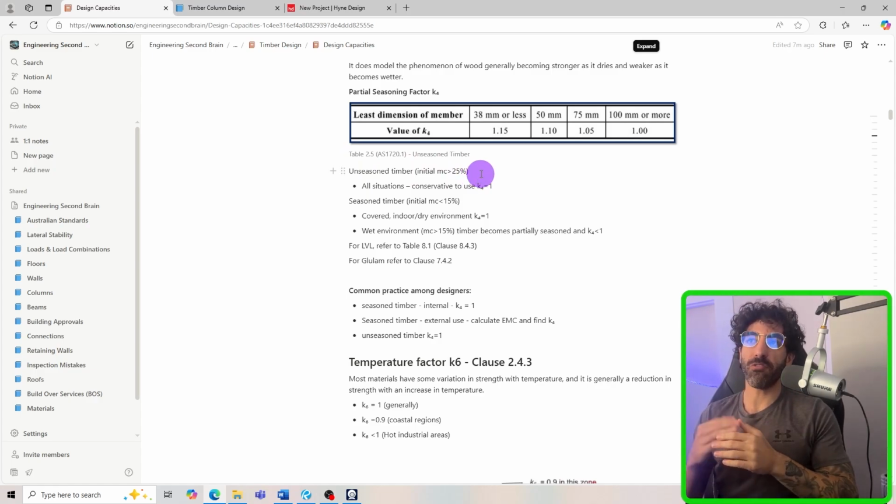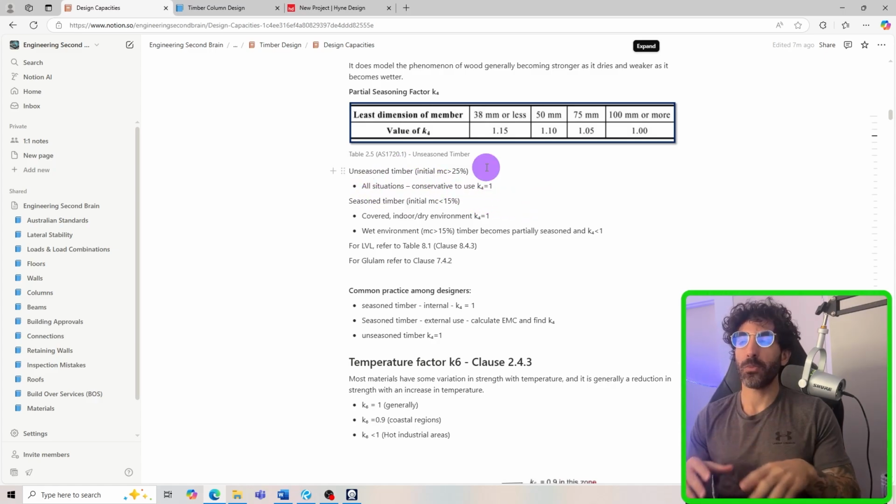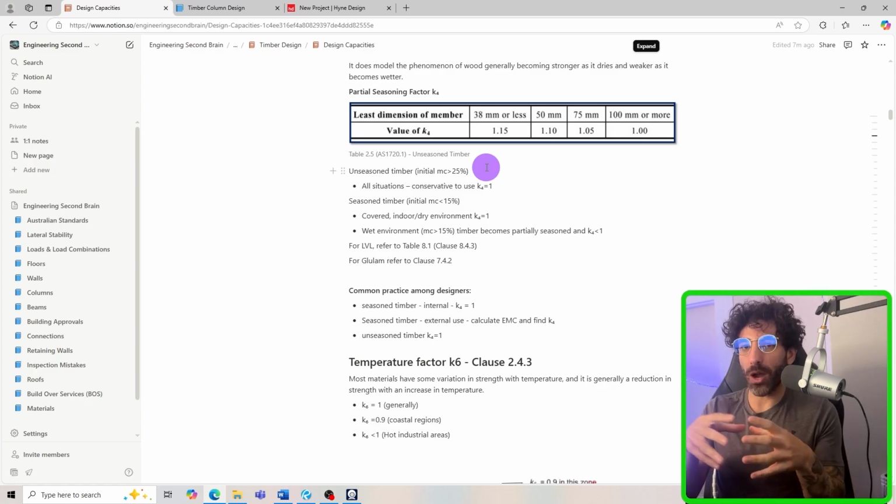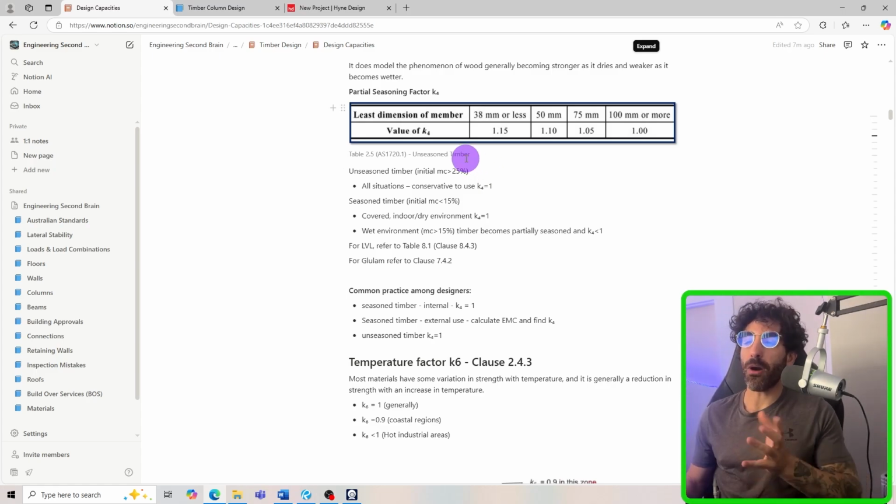Sometimes people will refer to unseasoned timber as green timber. Generally, K4 equals 1 for unseasoned timber. But if the timber is being used under normal conditions of temperature and humidity, and it has time to partially dry until the full load is applied, then you might be able to increase the capacity of that unseasoned timber up to 15%. So you've got a value of K4 equals 1.15. But to be honest, generally I just use K4 equals 1.